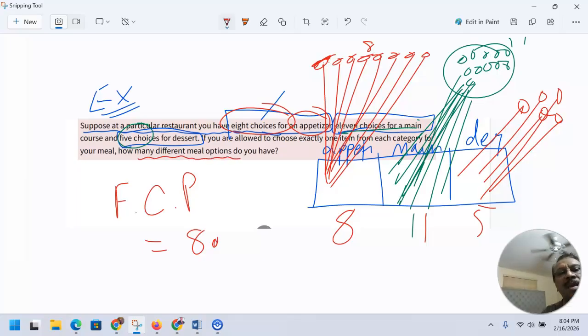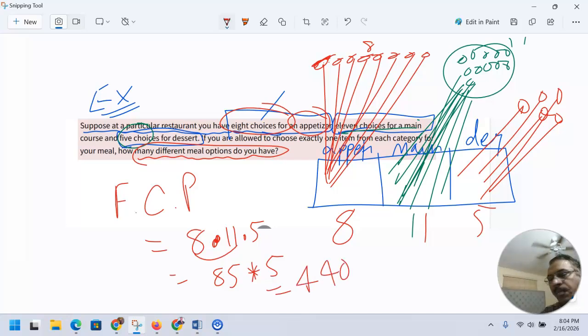How many different meal options do you have? The total number of different meal options is 8 times 11 times 5. This is 88, and if you multiply by 5, you get 440 menu combinations.